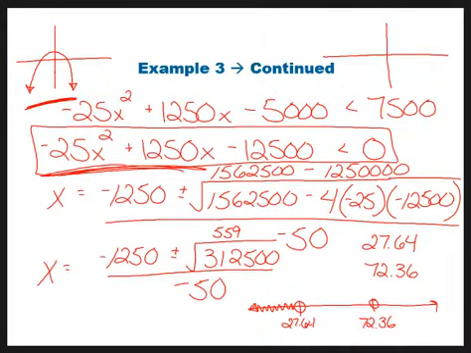So if I were to draw a parabola in here, now you have to think about this probably isn't drawn to scale that well, but if you say this in here is right around 27 and this in here is right around 72, we're looking for the parts where the graph is actually less than 0, or below the x-axis.